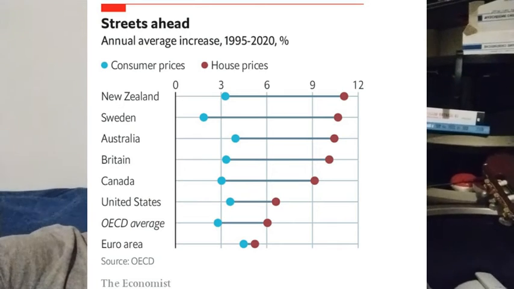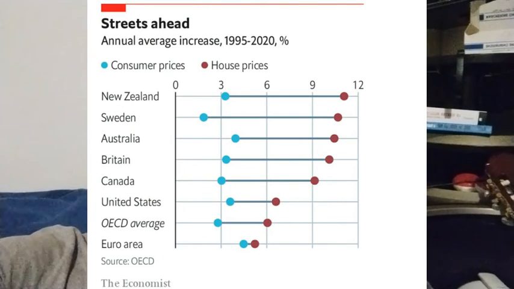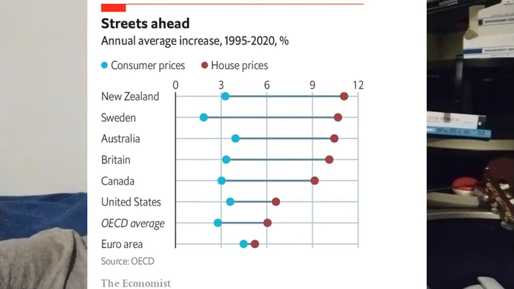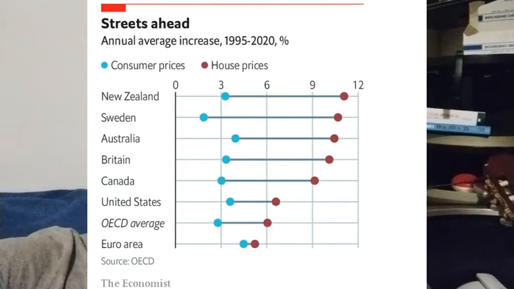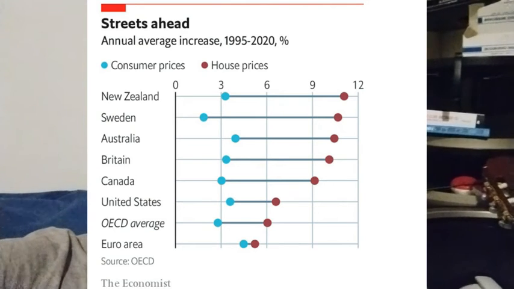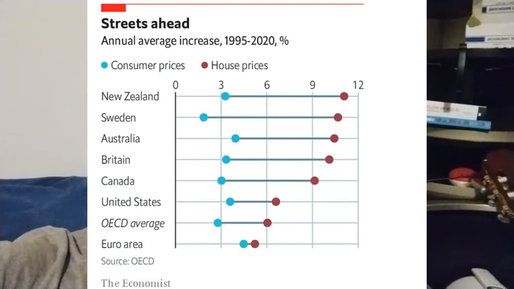And the average OECD was the double. Inflation over that period of time on consumption goods, so CPI calculated inflation, was 3%, and rental properties inflation was 6%. So the exact double. So you see, this would have a big distortion on the result of the index.